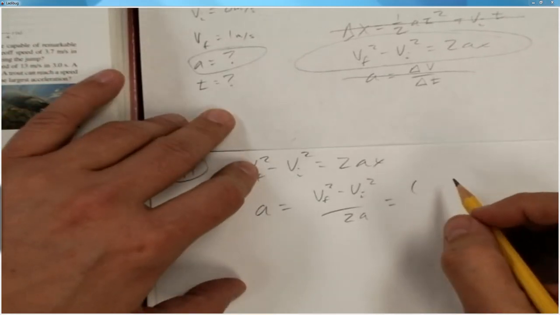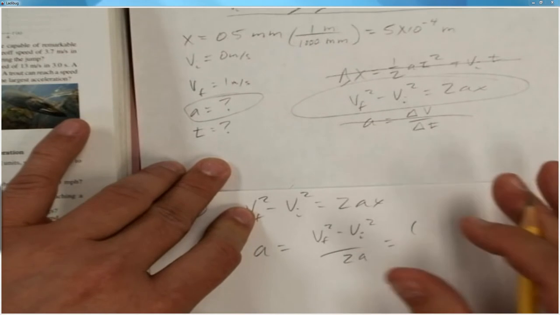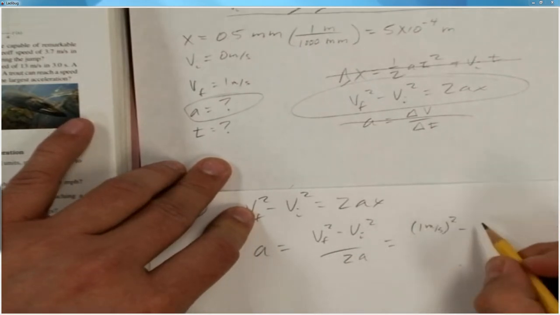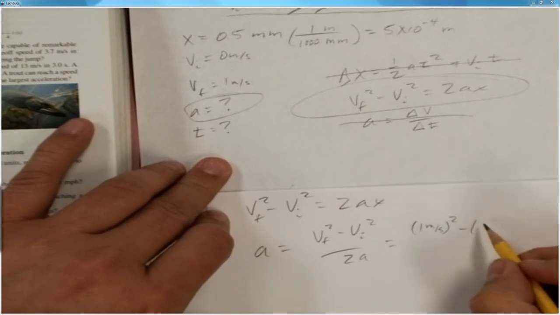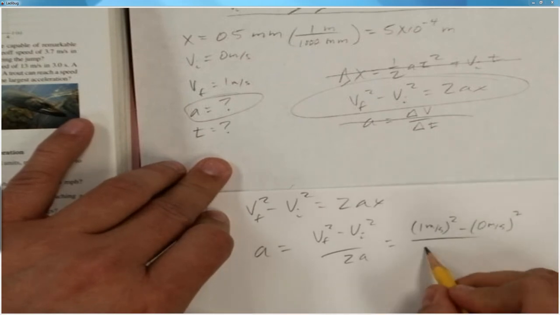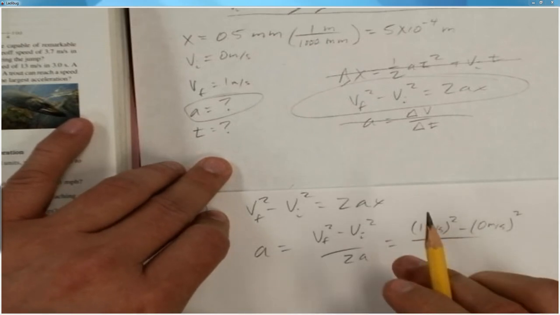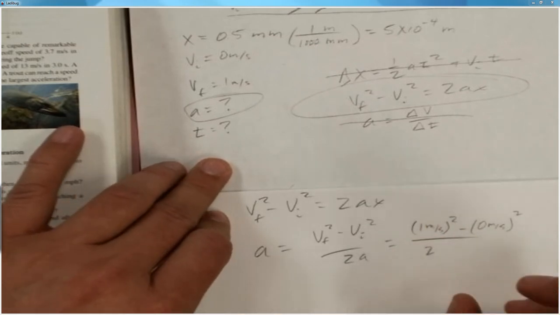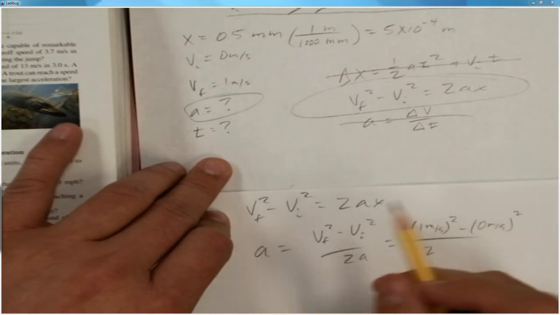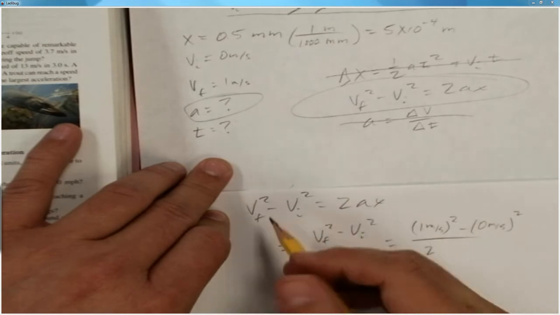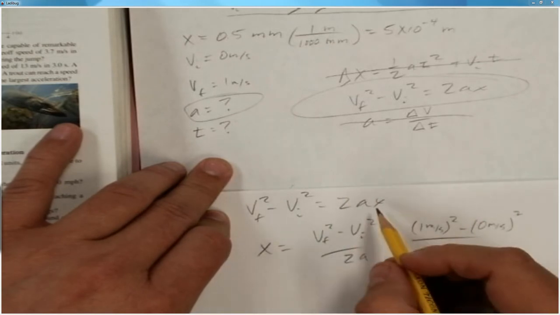So if you look back up here, vf is 1 meter per second and vi is 0 meters per second. And that's over 2 times my, oh, wait a second. We know x. I should not have solved for a, I should have solved for x. I'm a little nervous because the bell's about to ring and I keep getting emails.